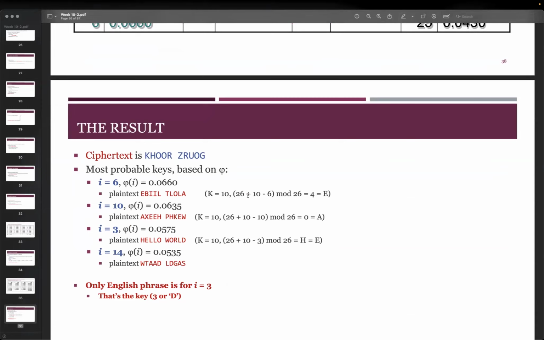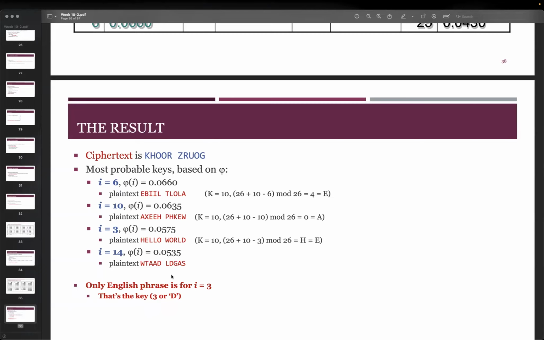If you remember the equation for our ciphertext, the Caesar cipher, we are just shifting it, right? So we can pick those highly probable keys. Finally, we find from 6, 10, 3, 14, and we say, okay, I can read something when i equals 3. So the plaintext is hello world.